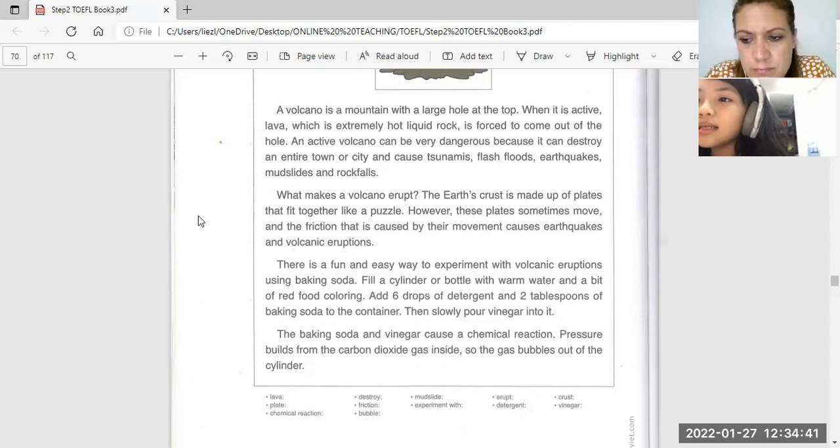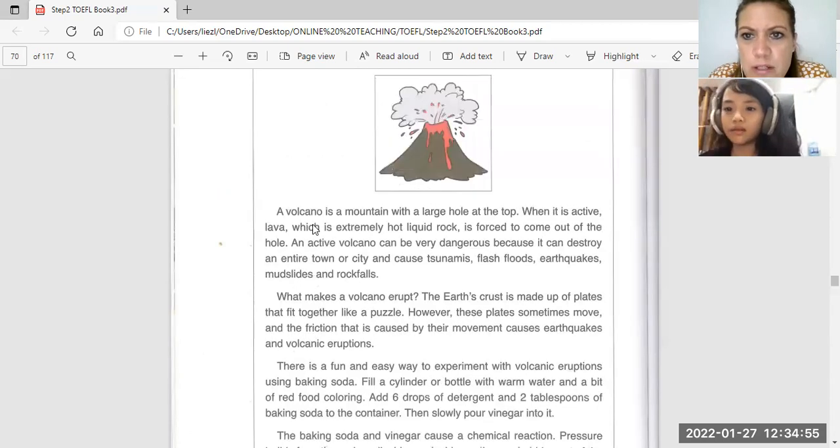When it is active, lava, which is extremely hot liquid rock, forces. Okay, sweetie, just pause there quickly for a minute.